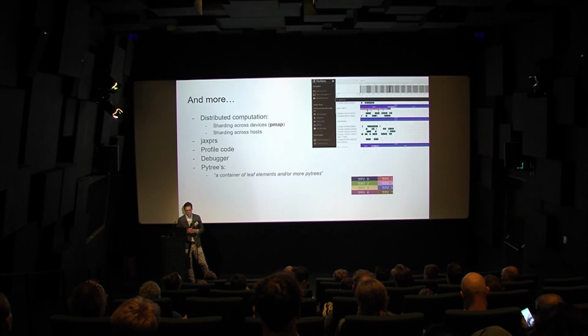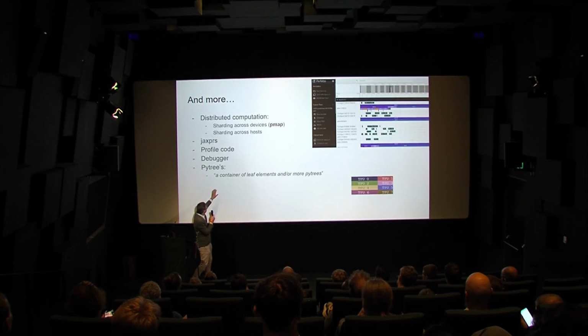you can still use JAX debuggers to see what's going on, even though you have compiled and fused perhaps several operations together. And there's a concept called pytrees, which is essentially, well, I think the description given here is perhaps the most succinct description of it. It's a container of leaf elements and/or more pytrees. So it means either it's a leaf of the tree or it is a part of the tree.